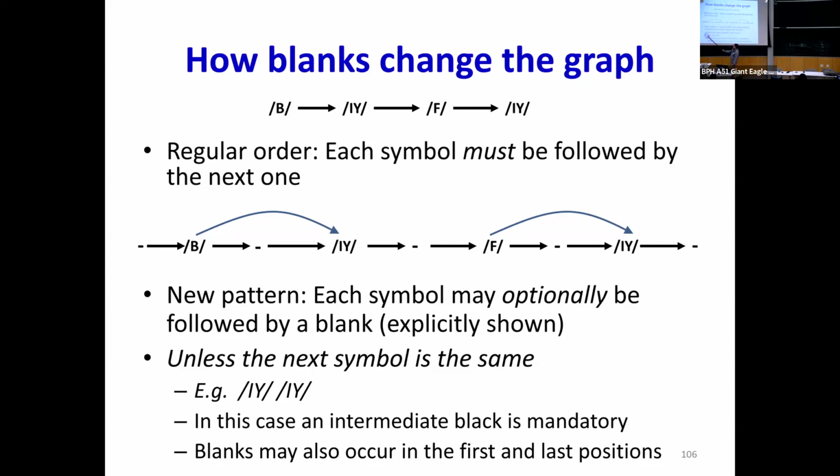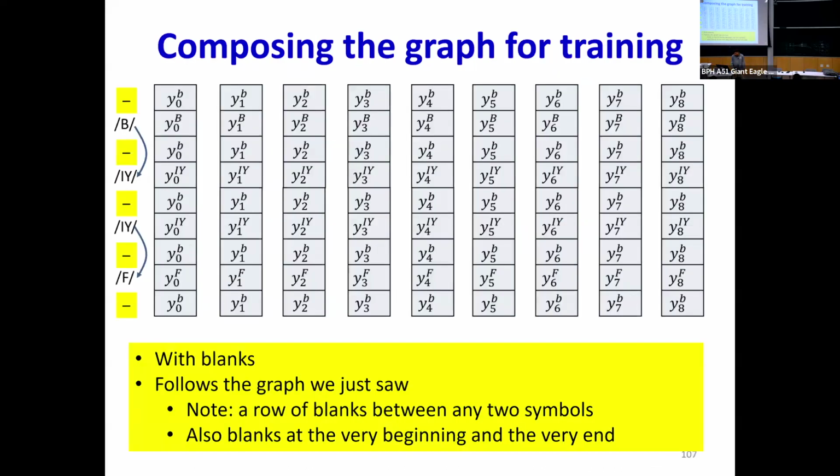I can have B followed immediately by E, and wait, I should actually have another arc over here, followed immediately by F and followed by E. Or I could also have a B followed by a blank followed by an E, right? As far as you are concerned, both of them are going to look like B followed by E, right? So the simple graph on top became the uglier graph at the bottom.